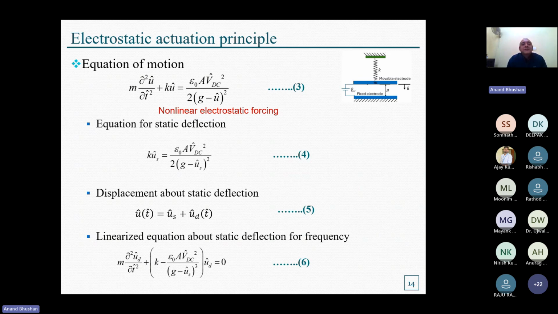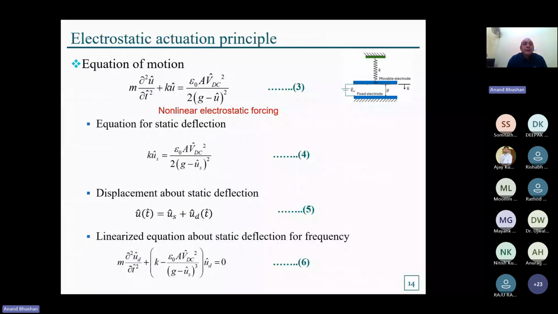Secondly, the resonance frequency characteristic means that due to the non-linear nature, when the mobile electrode is deflected, its resonance frequency changes. So effectively, with variation in the DC voltage, resonance frequency is also going to change. These two types of characteristics we discuss in detail. Equation 4 is used for the static deflection study, that is, the static characteristic.